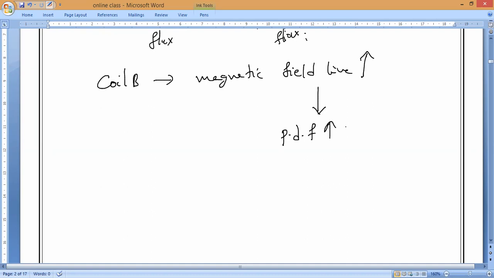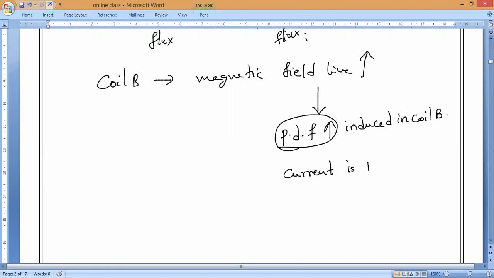Understand, the potential difference also keeps on increasing. The potential difference is induced in coil B. If the potential difference is induced in coil B, then due to this, what will be induced? The current is induced. This all happens in a fraction of a second.